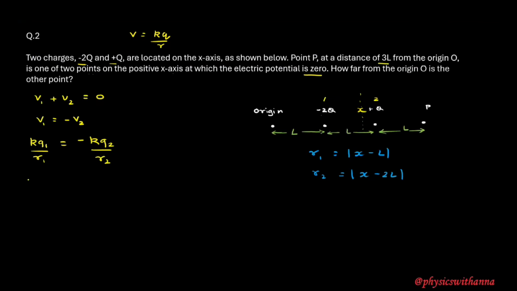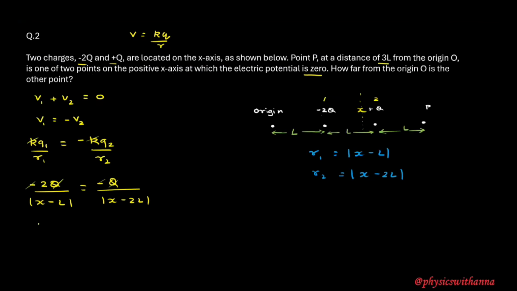Now substitute here. You can cancel off K and K. Charge Q1 is negative 2Q. R1 is X minus L. Charge Q2 is just Q. The negative sign is from here, not because of the charge, over X minus 2L. You can remove Q and Q as well and the negative sign.